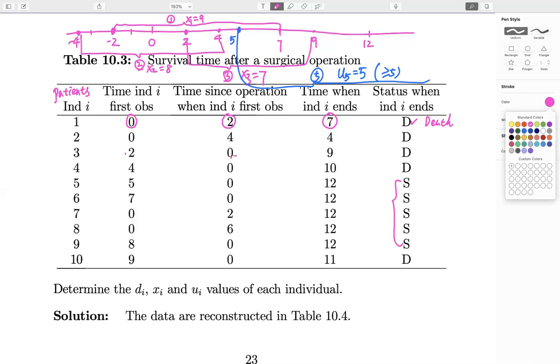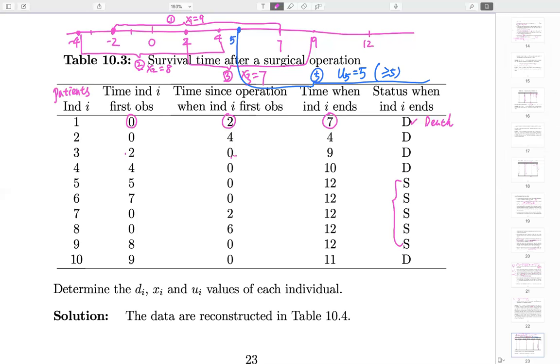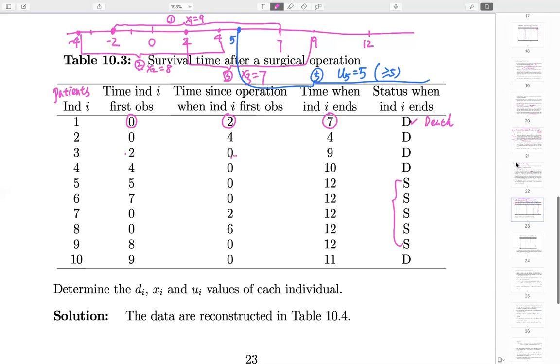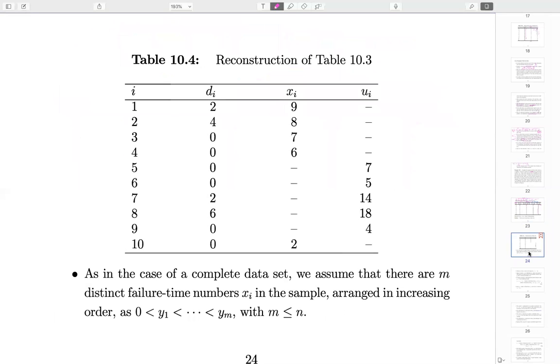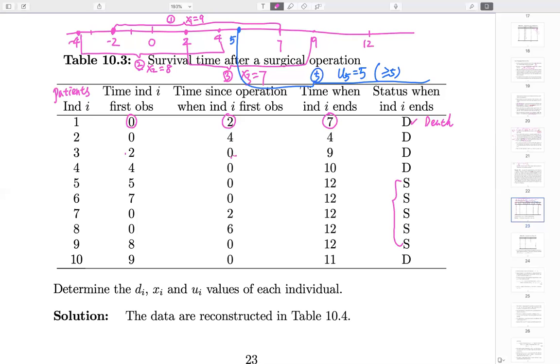So once you do this for each patient, we will get to the next slide, which is to study D, R, X, and U, right? So I is still the label of the patient. The first patient, for instance, D is 2 because this patient actually received the surgery 2 weeks before 0, right?